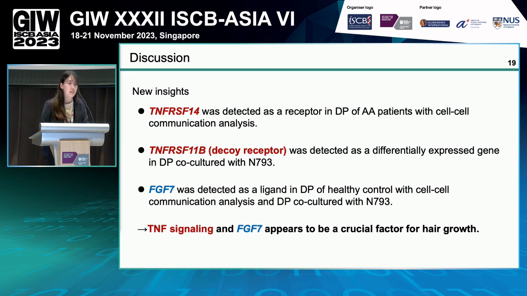Secondly, TNFRSF11B decoy receptor was detected as a differentially expressed gene in DP co-cultured with N793. Finally, FGF7 was detected as a ligand in DP of healthy control with cell-cell communication analysis and DP co-cultured with N793. Therefore, TNF signaling and FGF7 appear to be crucial factors for hair growth.